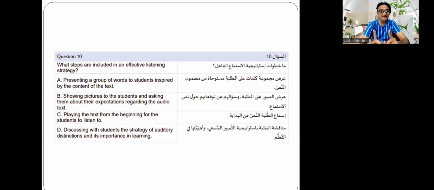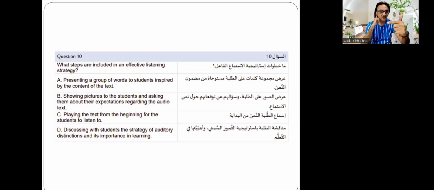Effective listening strategy, so that's a keyword. Option A: presenting a group of words to students inspired by the content of the text. This is not about listening, so irrelevant. Option B: showing pictures to the students and asking them about their expectations regarding the audio text.